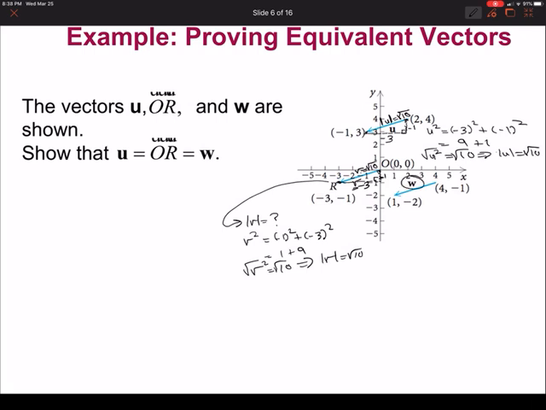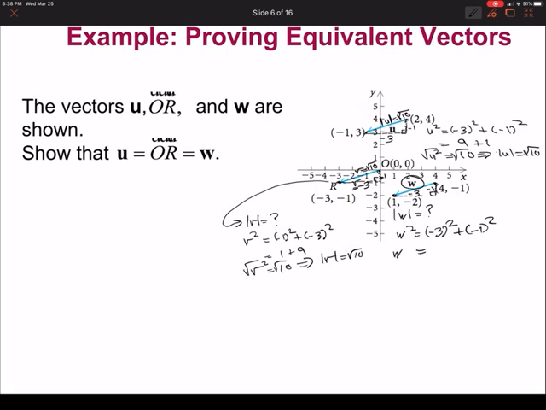And we can do the same thing for vector w. Starting point 4, -1, traveling down to the terminal point of this directed line segment, which is 1, -2. Again, we're going down 1 unit on the y-axis, and we're going left 3 units. So if we're finding the magnitude, the length of vector w, w squared equals -3 squared plus -1 squared.